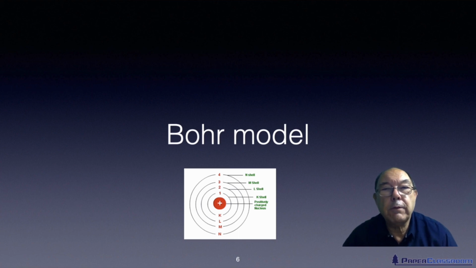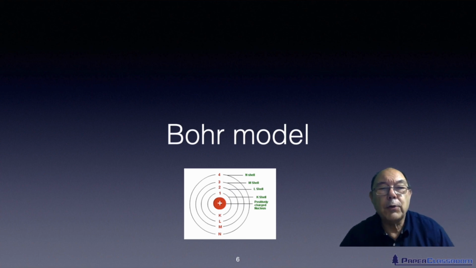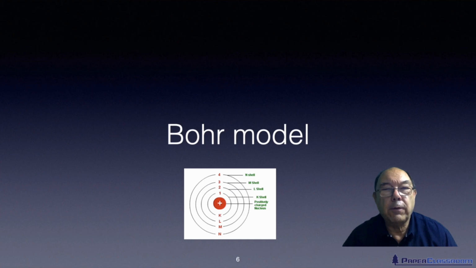Now, in a previous video, we looked at the evolution of atomic theory, and very briefly at modern atomic theory. I'm going to wind back a little bit to the Niels Bohr model, and that's really good enough for us. We're not here to study physics or chemistry at a deep level. We're here to study papermaking at a deep level and just know enough about chemistry and general science to get us by.